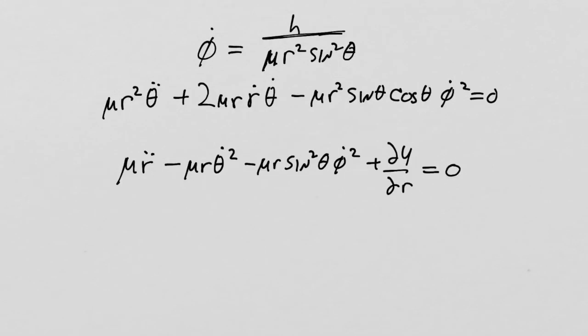So now that we've convinced ourselves that the angular momentum is constant and we know that all motion is in one plane, we can go ahead and lean on this idea that theta is pi over 2 always, with theta dot equaling 0, and make that substitution like we did earlier into these expressions and get our final choice of these equations of motion.